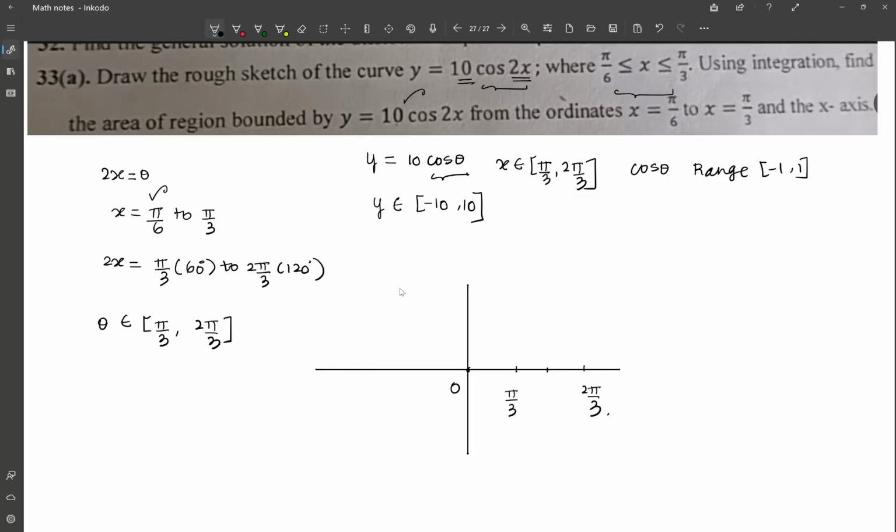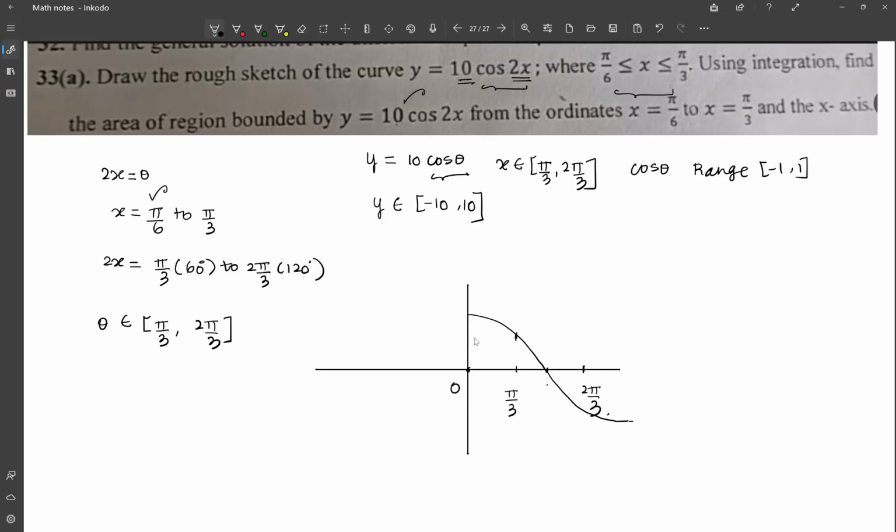So we know how the cos function looks in terms of graph. Here is pi by 2, it becomes 0 at pi by 2, and it goes on until here, that is pi, which is -1. But we want only this region, so from here to here.